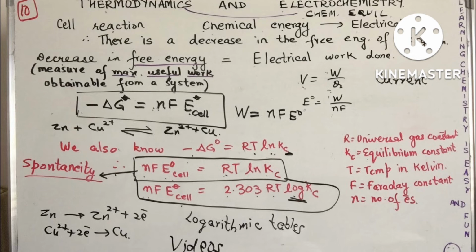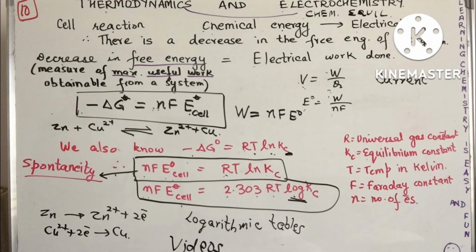One thing you keep in mind: the R value is 8.314 joule per Kelvin per mole, not kilojoule. Joule only. Hence after putting in all values, you will get the result in joule.